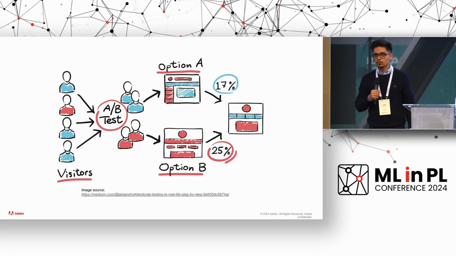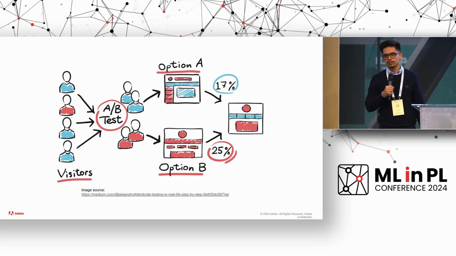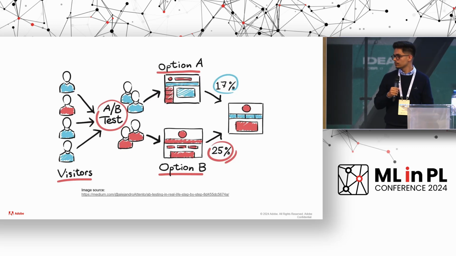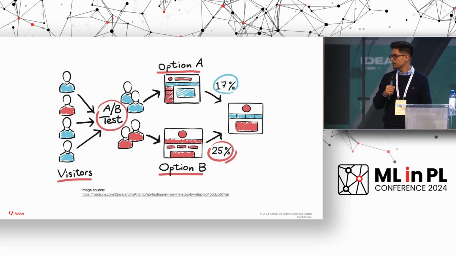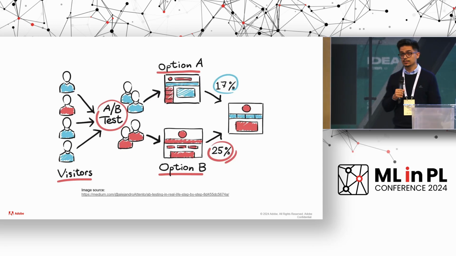And what you want is to show them different or slightly different variants of a web asset or app or any resource for that matter. And what you want is to monitor some metrics in order to find which of these options is the best.